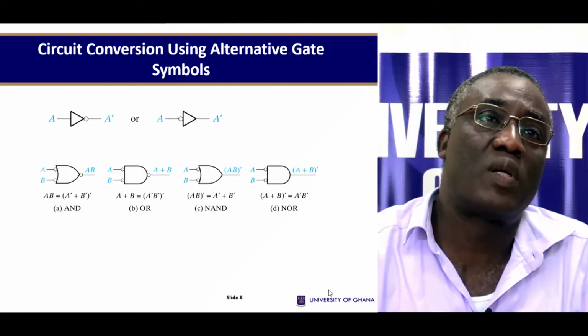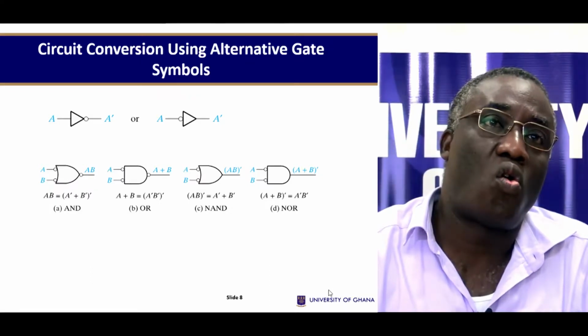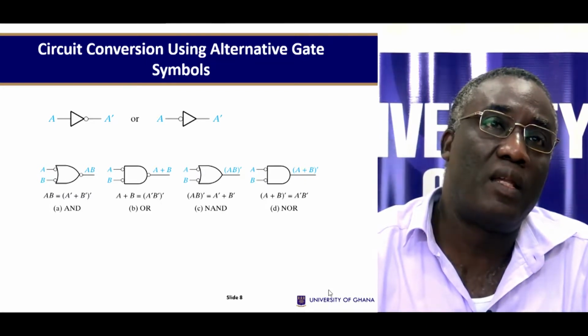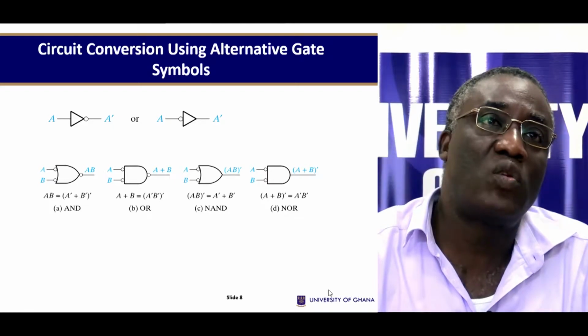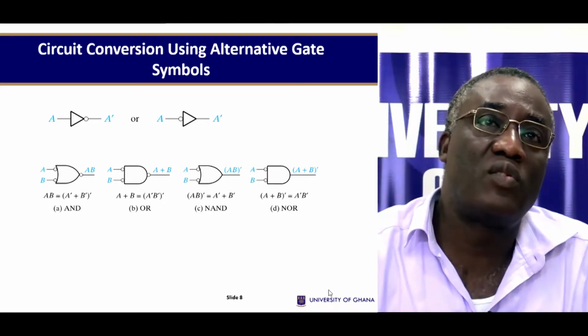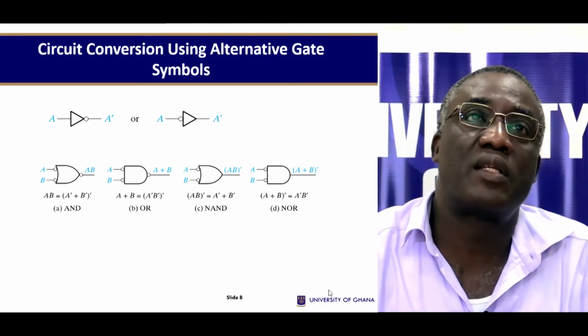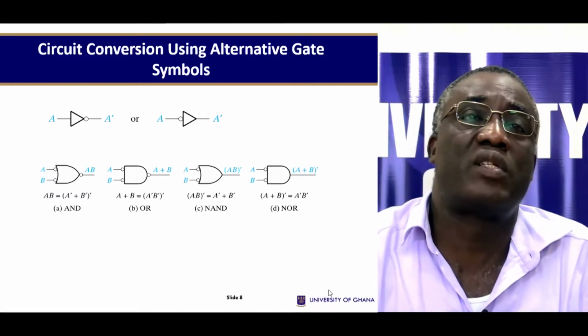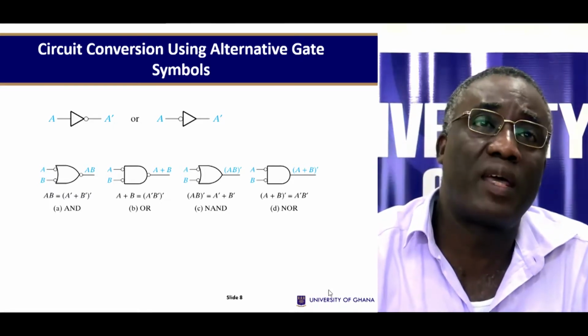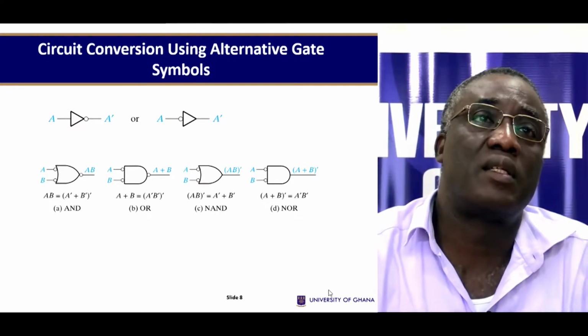Because really that is not A or not B, and then you invert that, which gives you A and B. Again, you can work through this. This gives you an OR gate, this gives you a NAND gate, and this gives you a NOR gate. You can verify this for yourselves by looking carefully at what the law says.